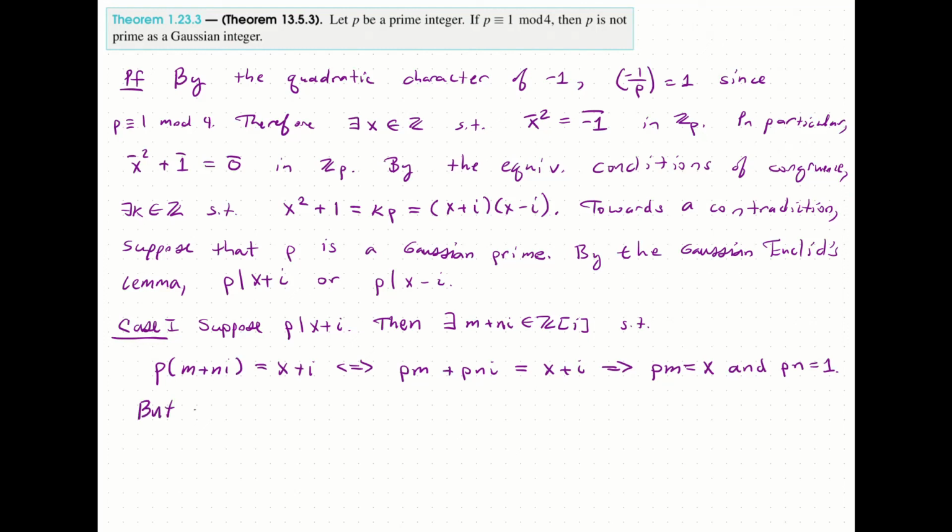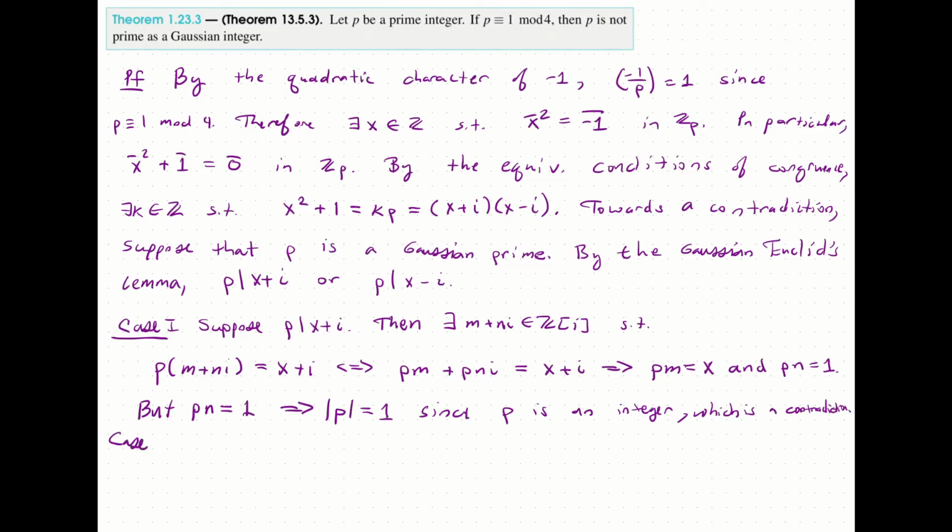But pn equals 1, because p and n are both integers, implies that p in absolute value must be equal to 1, and that is a contradiction. And so that finishes case 1.